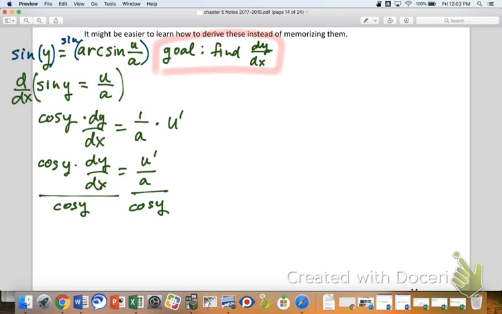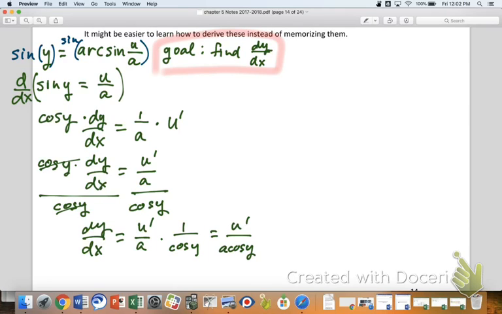Yeah, so what I would do here is say, these cancel, of course. dy dx equals u prime over a. There's my copy. Dot. Here is my flip. And then when you multiply fractions together, you multiply the numerators times each other and the denominators times each other. That's okay. I could have skipped a step in there. You could just multiply both sides times 1 over cosine y. Yep, same thing. Absolutely.